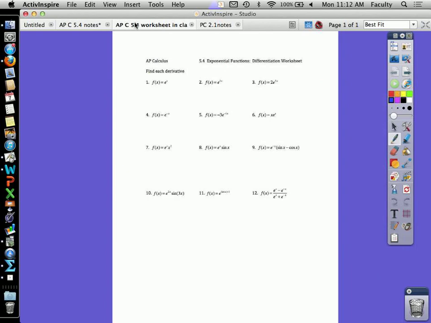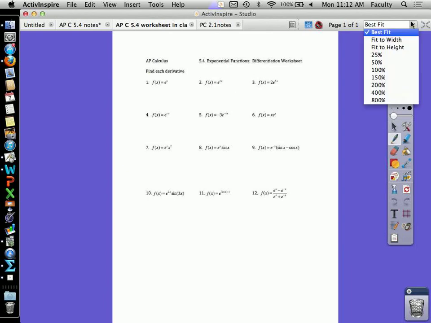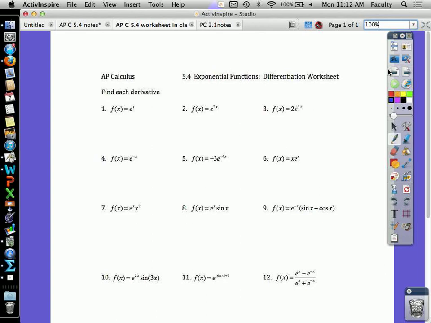All right. So now, let's take a look at the handout I gave you. Again, that's as far as we were going to get on that sheet. So now we're going to really practice. If f of x equals e to the x, f prime of x is e to the x, just e to the x.